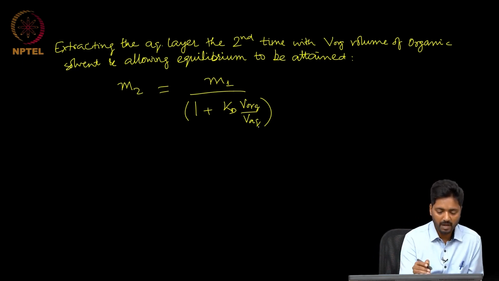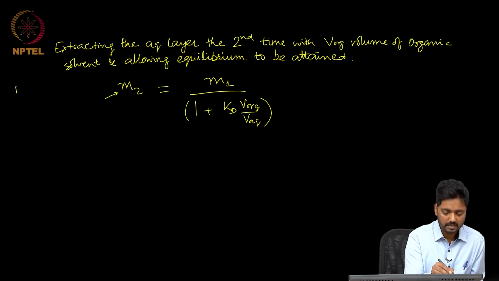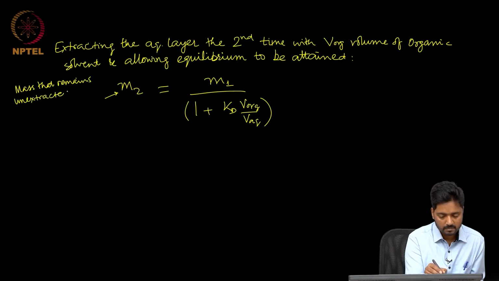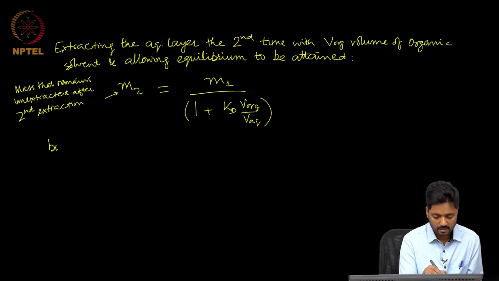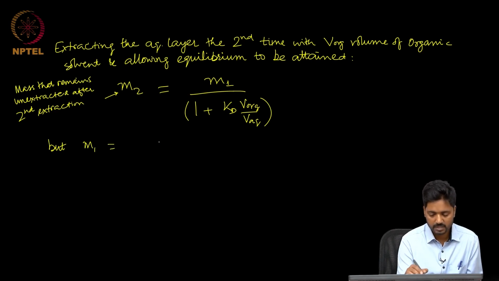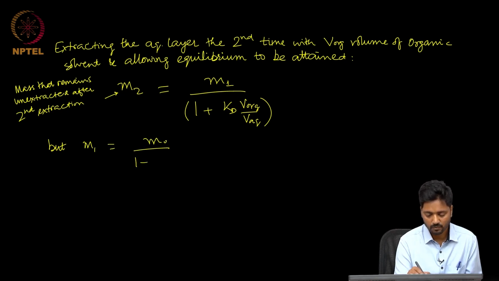So, the mass that remains unextracted after the second extraction is given as m2, and we have already seen that m1 is nothing but m naught by 1 plus Kd V org by V aqueous.